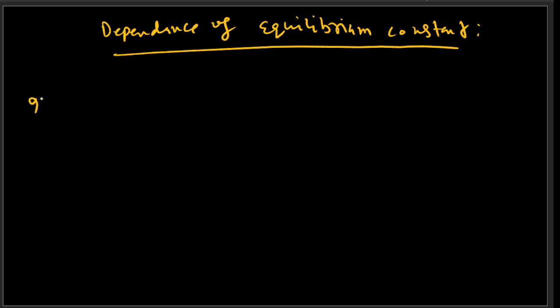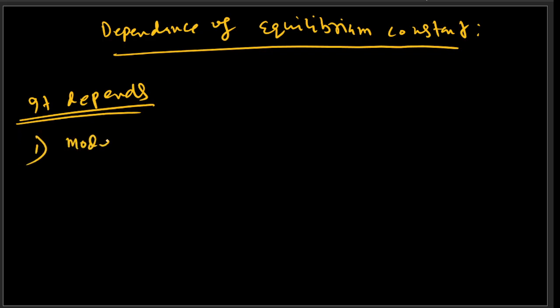The equilibrium constant depends, first, on the mode of representation of the reaction. How?